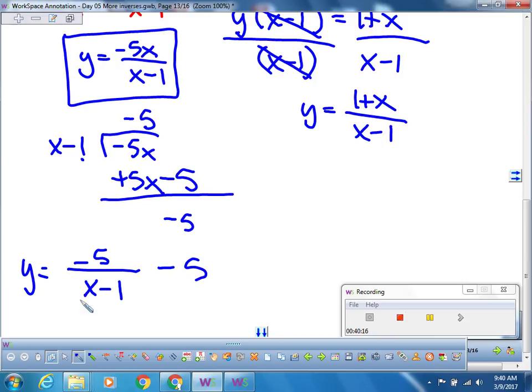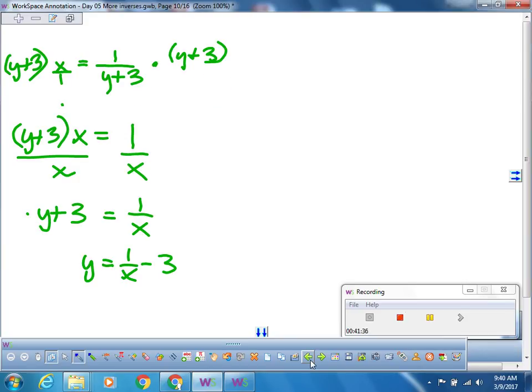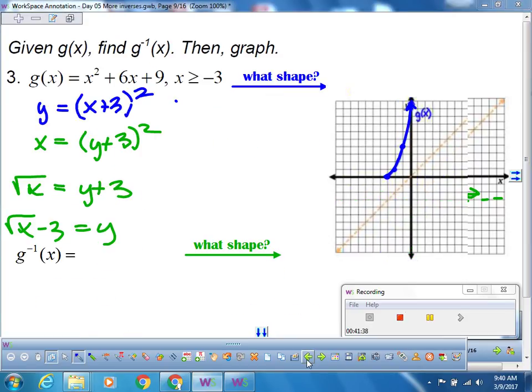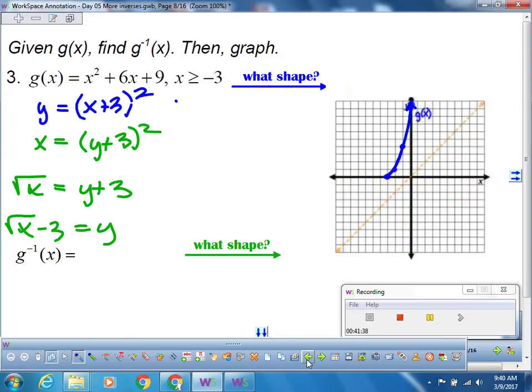You need to be able to find the inverse and graph. It looks like a line, a quadratic, and a cubic. So that means you got to be able to do these right here. They look just like this, except you won't have this graph for you.